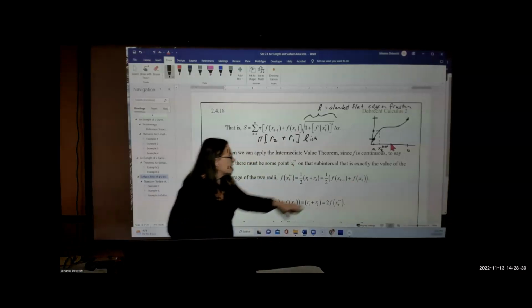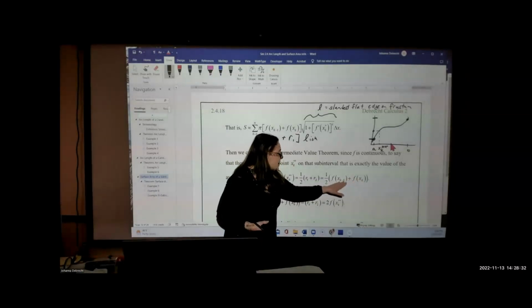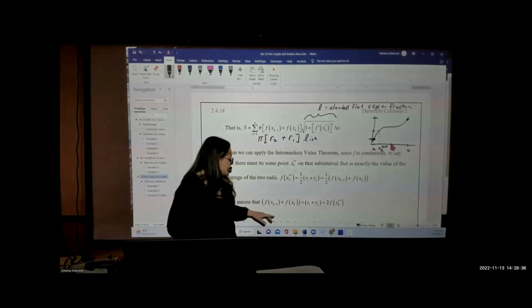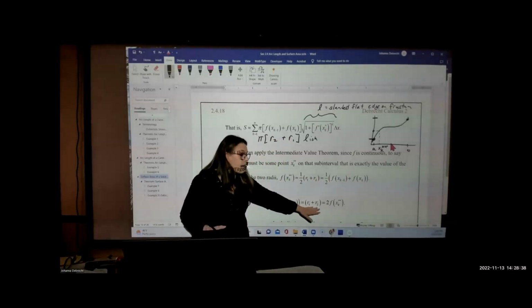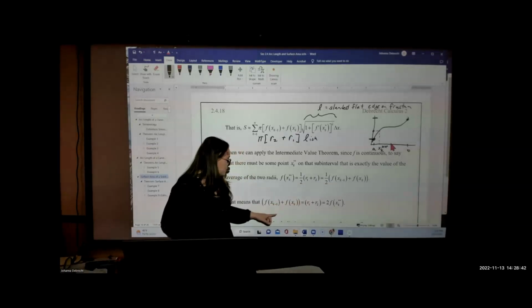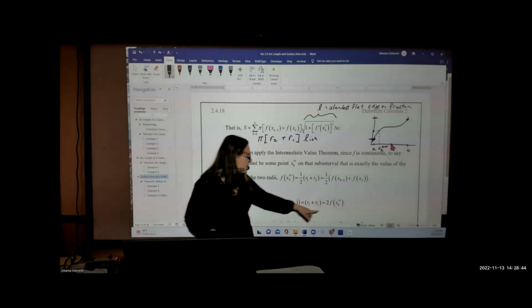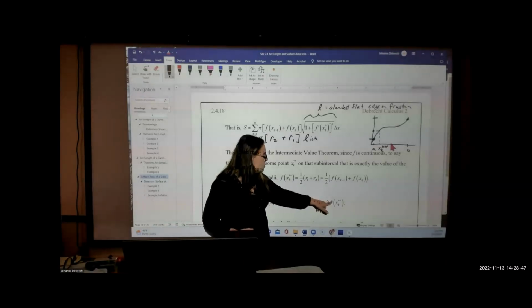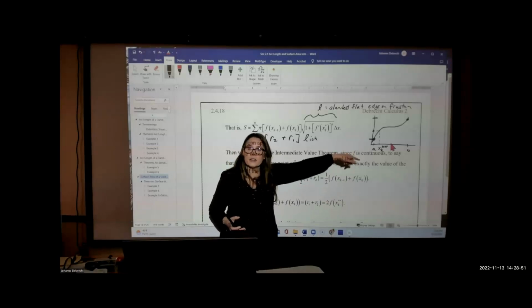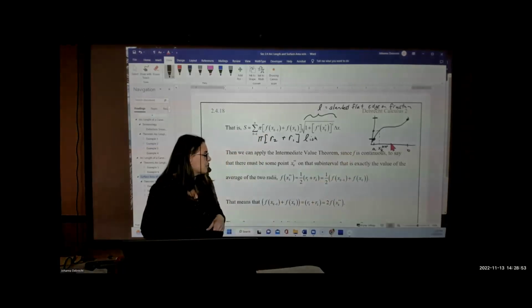That means that we can solve for the sum of the radii by multiplying both sides by 2. And that tells us that the sum of the two radii, the R1 plus R2, which actually is in reverse order, this is R2, this is R1, would give us 2 times the function evaluated at that special spot guaranteed by the intermediate value theorem.